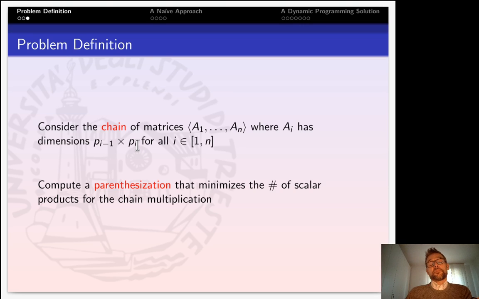So the problem now is to compute a parenthesization which minimizes the number of scalar multiplications to compute the overall multiplication of the matrices in the chain. We want to minimize the number of products among numbers.